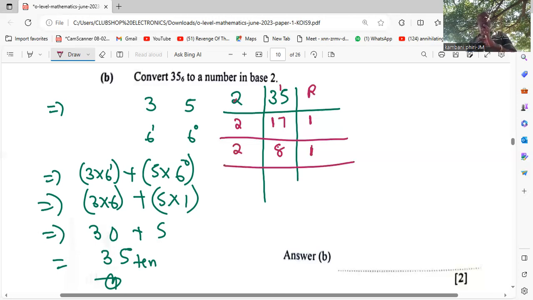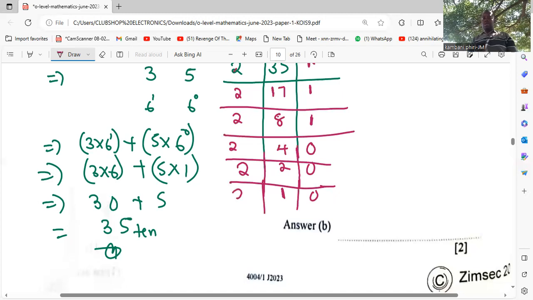Bring 2 now. Because it is in base 2, the answer should be 0 or 1. It means 0, and you alternate. So 2 into 8 is 4, remainder 0. Bring 2. 2 into 4 is 2, remainder 0. Bring 2. 2 into 2 is 1, remainder 0.